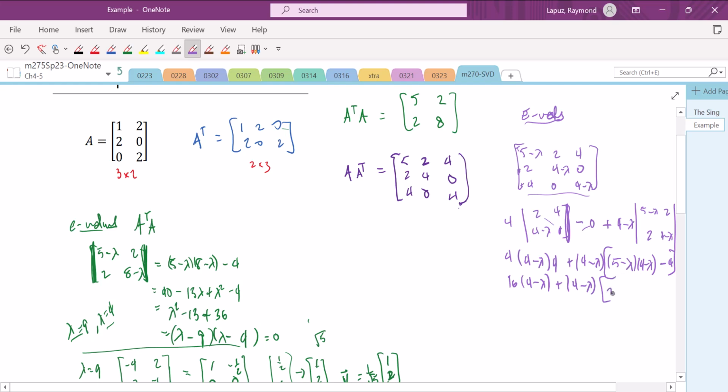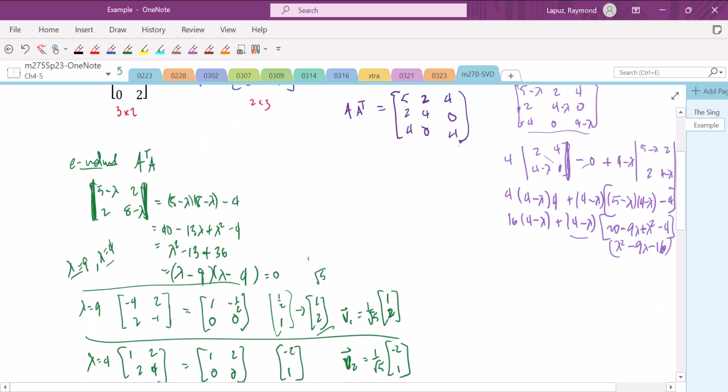This is going to be 20 minus 9 lambda, minus lambda squared, minus 4. So this is the plus lambda squared, so lambda squared minus 9 lambda minus 16, and then we're going to multiply that by 4 minus lambda, so this is going to be 16, 4 minus lambda.